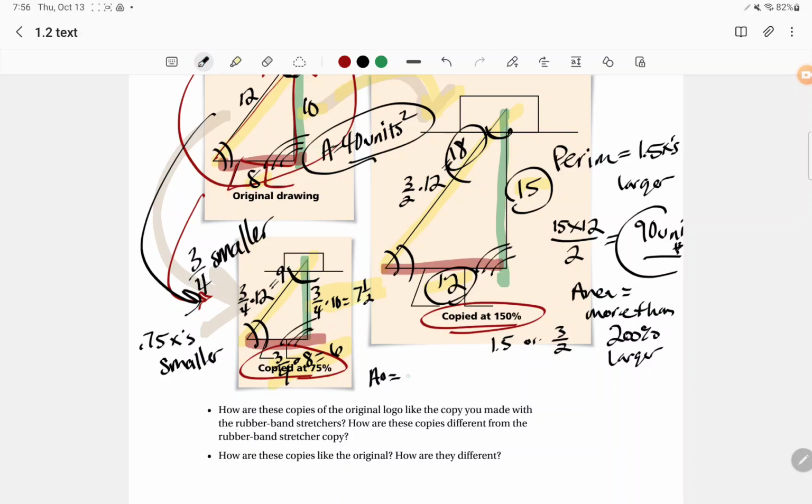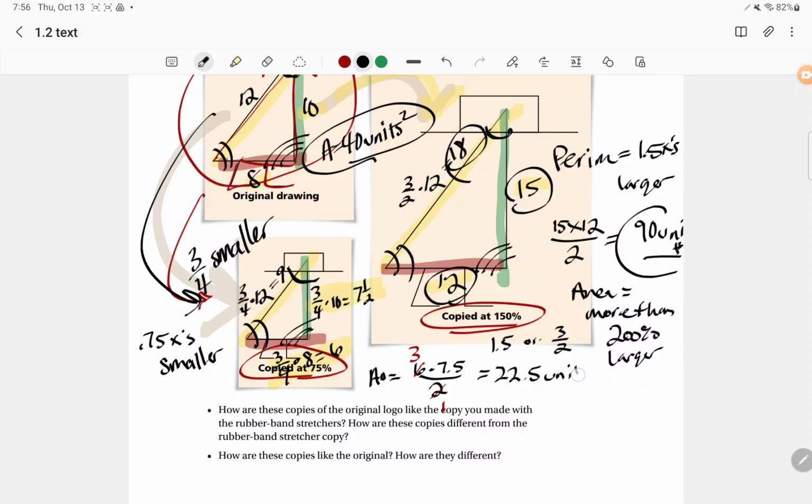So the area of this triangle is going to be 6 times 7.5 over 2. And we can use some of our properties from before to simplify here. 2 goes into 6 3 times. So you would have just 3 times 7.5, which is 22.5. So let me write this in here.